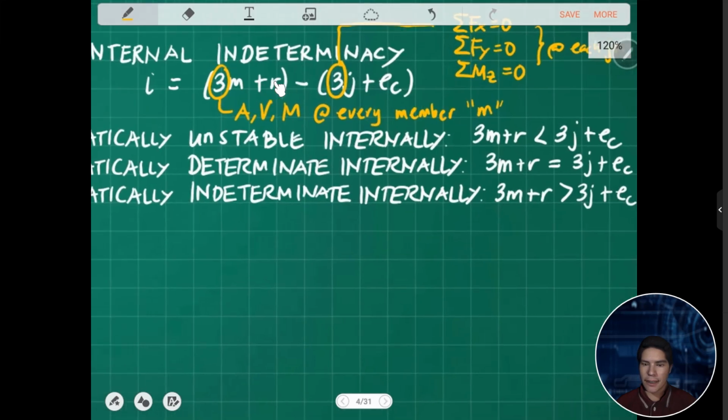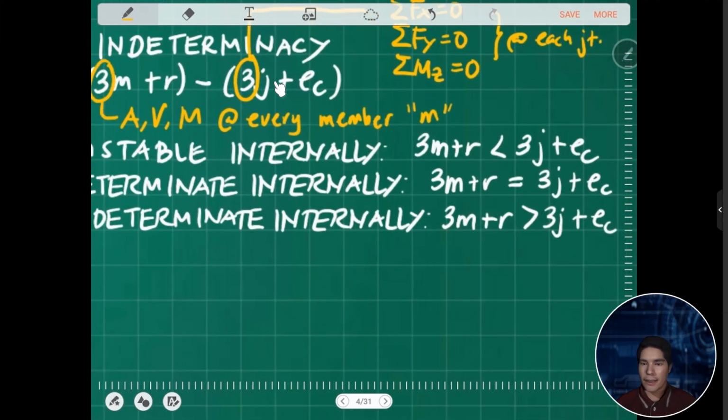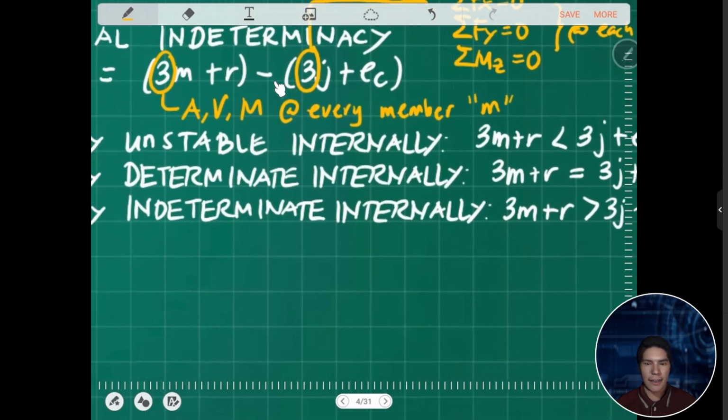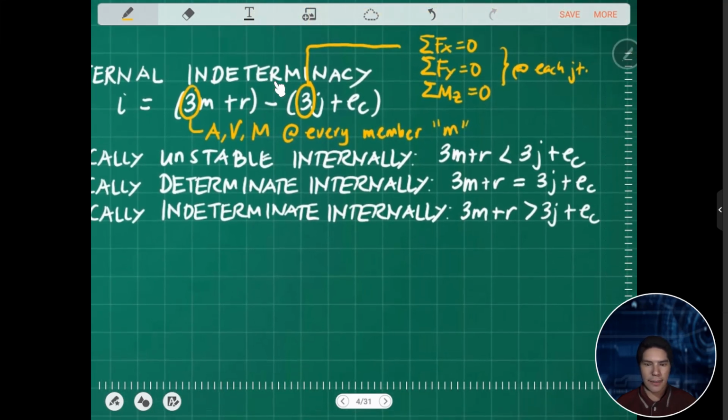It is considered unstable internally if 3M plus R is less than 3J plus EC, determinate internally if 3M plus R is equal to 3J plus EC, and indeterminate internally if 3M plus R is greater than 3J plus EC.